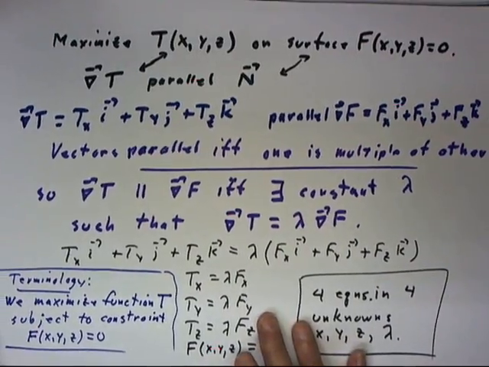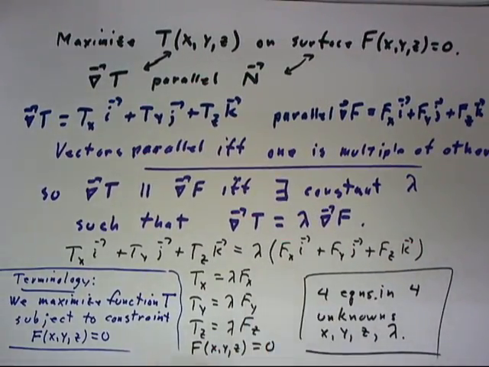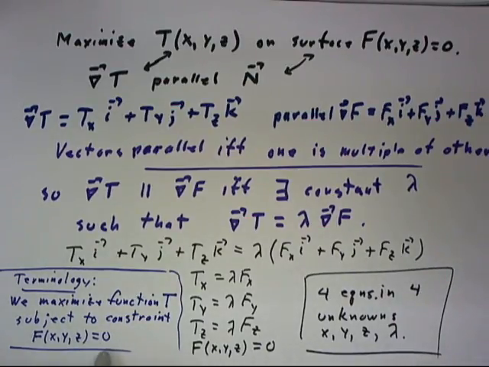Meaning, in the context of this example and the temperature interpretation, we maximize the temperature subject to the constraint that we're somewhere on a given surface in space. So we find the maximum or minimum value of the temperature function on that surface. The temperature function is given in 3 dimensions, but the surface constrains you to a 2-dimensional surface.